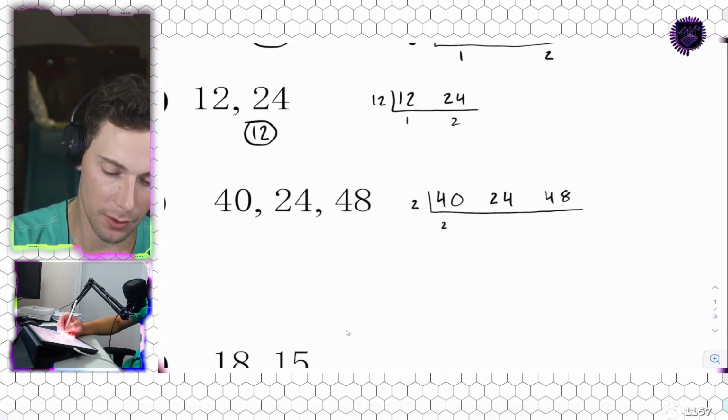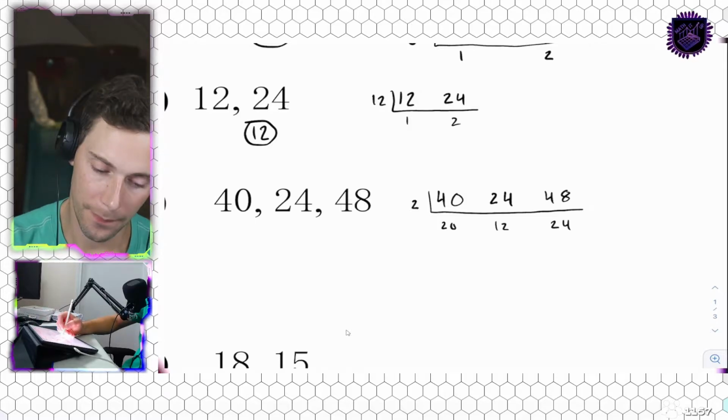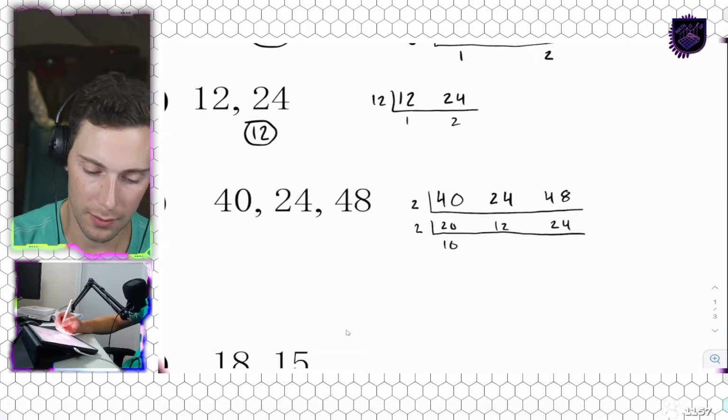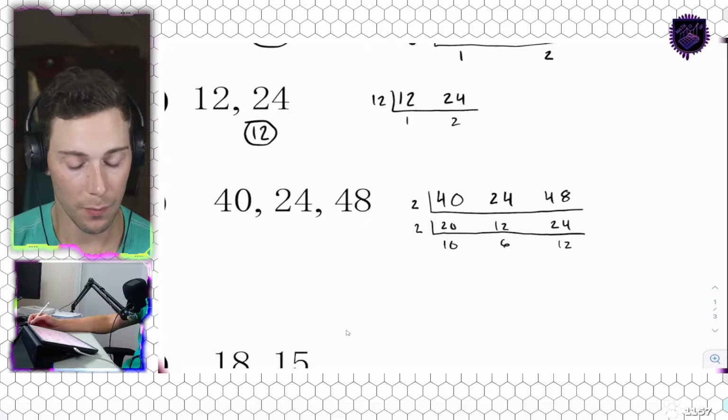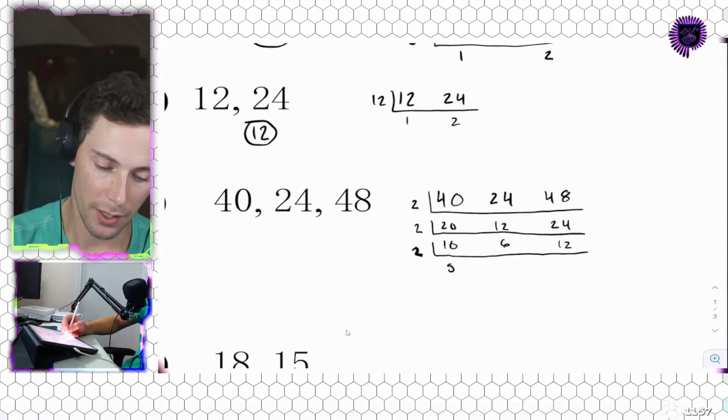So that'd be 20, 12, 24. So now, again, they're all even numbers. What happens if I divide by 2 again? That's 10, that's 6, and that's 12. So now, last time, they're still all evens. I can still divide them in half by 2. 5, 3, and 6.